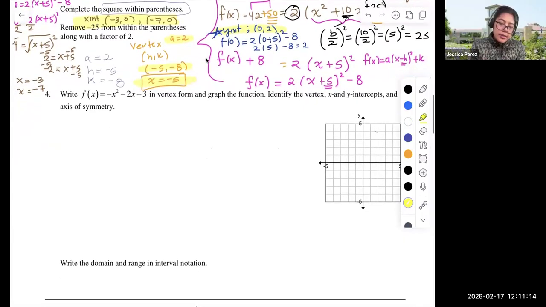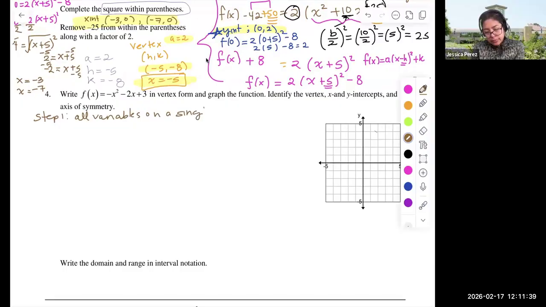Again, we're going to go very slow. Step 1: isolate the variables on one side, all variables on a single side.